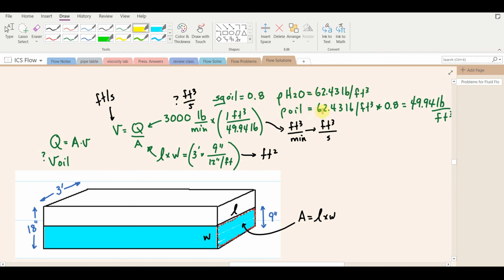So 0.8 times 62.43 is 49.94 pounds per cubic foot. So this now is a conversion factor between mass and volume for that oil. So we can take our 3,000 pounds per minute, multiply it by 1 cubic foot per 49.94 pounds, and we'll get cubic feet per minute. Convert that to cubic feet per second. That's our flow rate, divided by area in square feet, which will give us the velocity in feet per second.